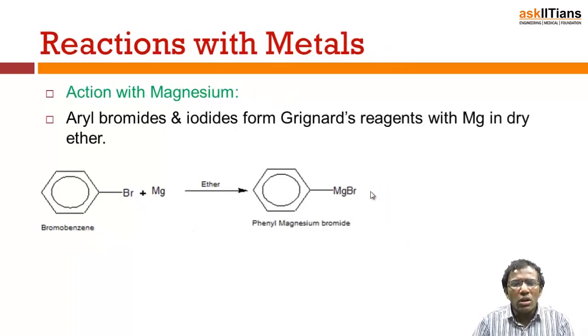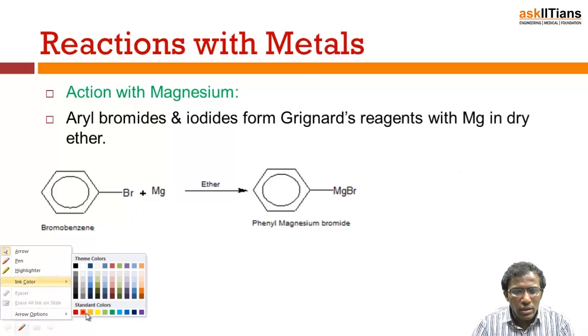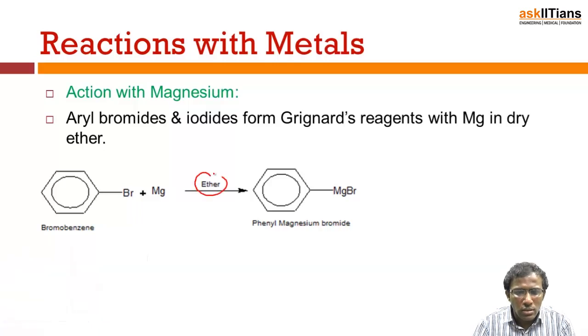Okay. Now the other type of reaction, the reactions with metals. First we'll go with magnesium. Magnesium reacts with aryl bromides and iodides and forms Grignard reagents in dry ether. So here we take dry ether.